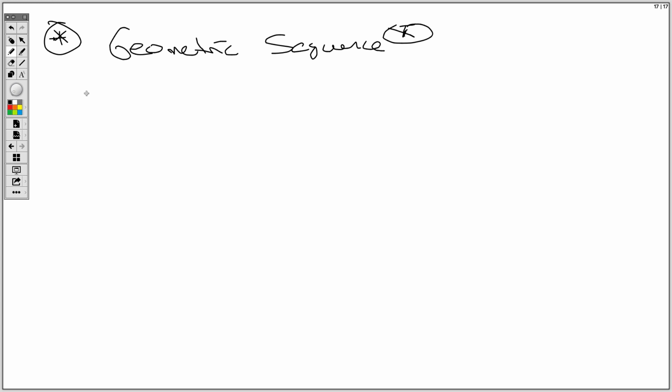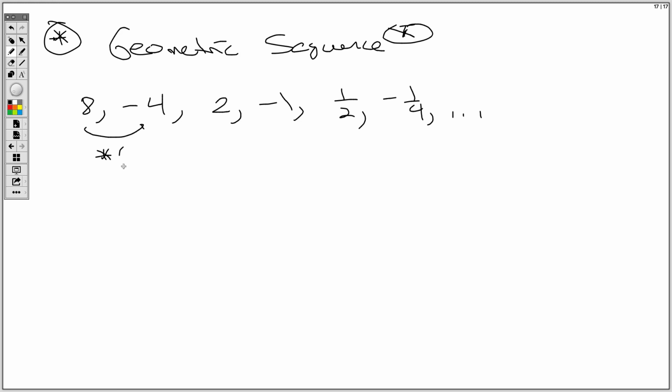An example of a geometric sequence would be 8, -4, 2, -1, 1/2, -1/4, etc. And if you look at what's happening, the way we're going from one to the next is we're always multiplying by -1/2.